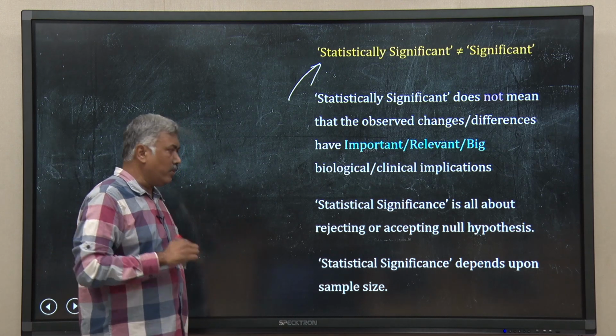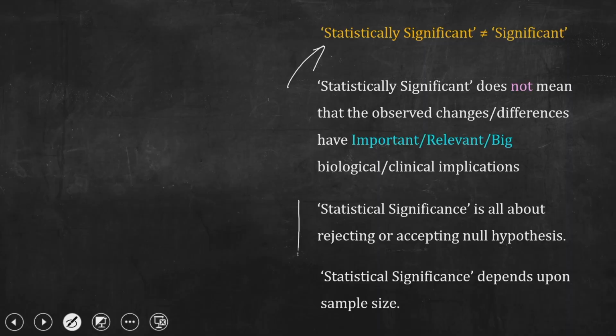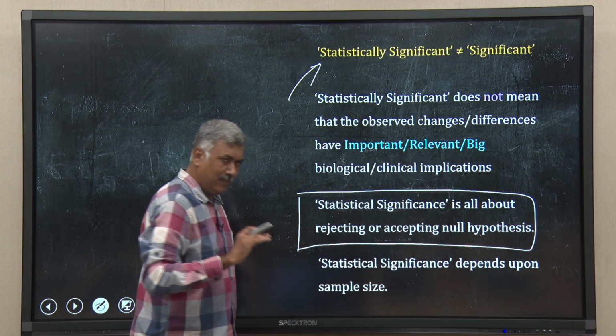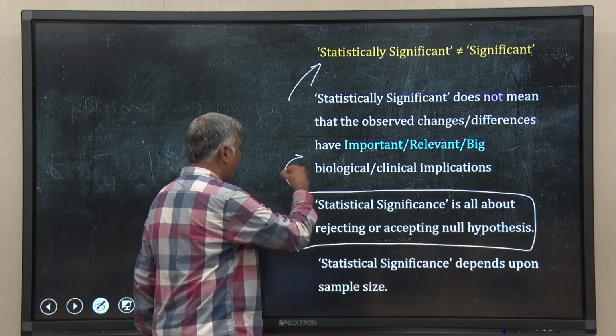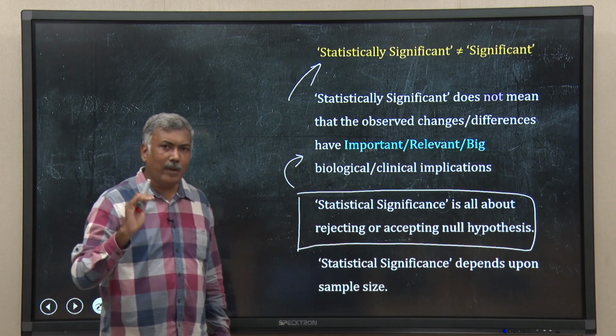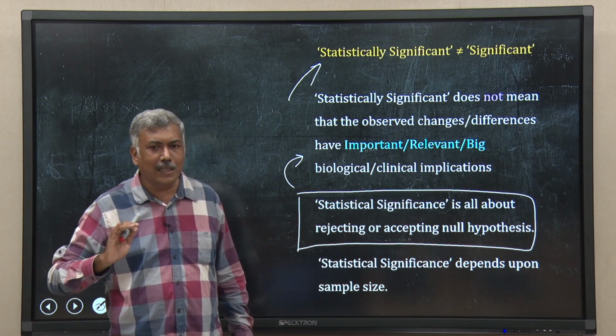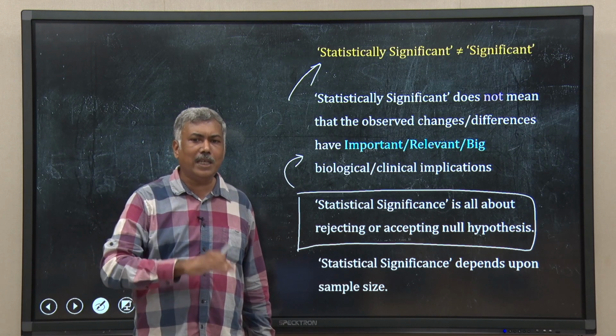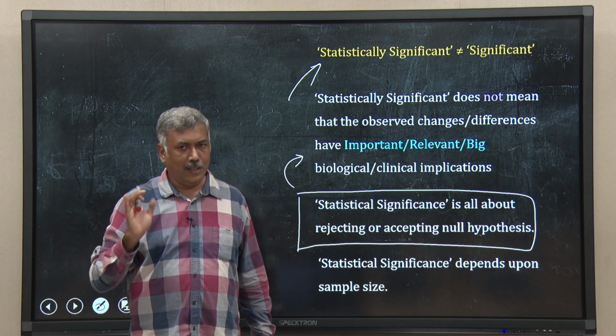The other thing that we have to remember is that statistical significance is all about rejecting or accepting the null hypothesis. This is related to the first point, but we have to repeatedly remind ourselves that what we are dealing with here is nothing but whether we can reject or accept the null hypothesis.